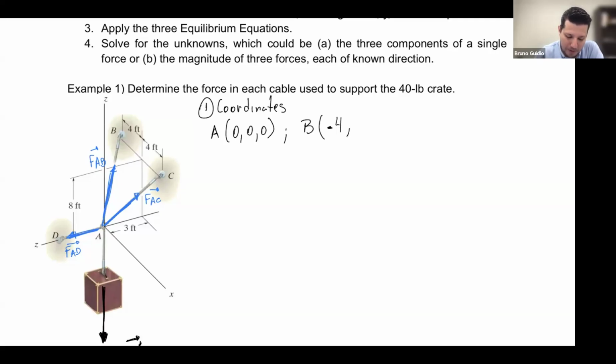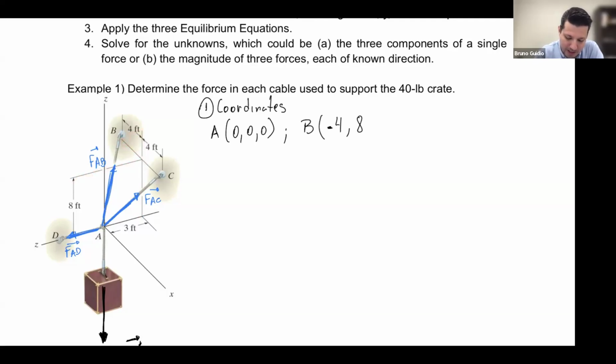B is going up in the same direction, but it goes there. That's why 3-dimension is a little bit tricky to visualize. So this is going to be 8.